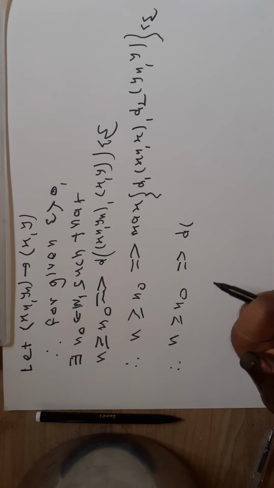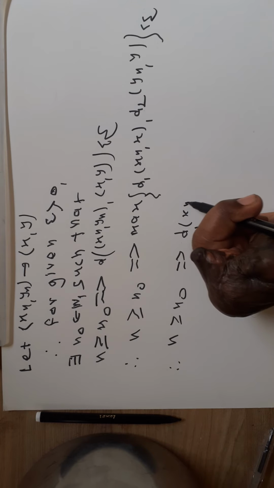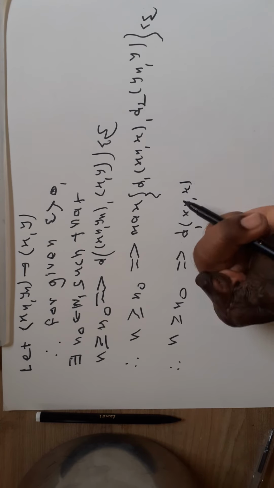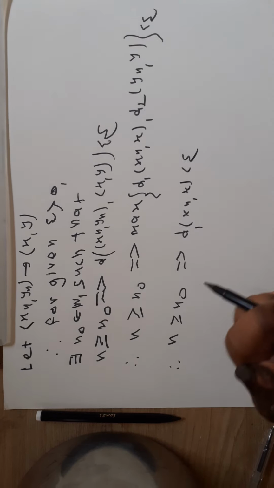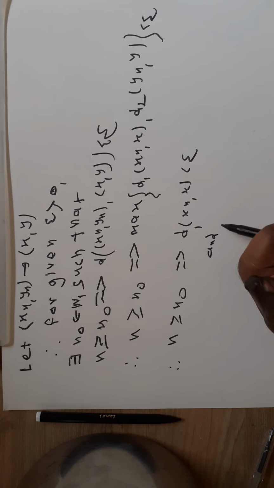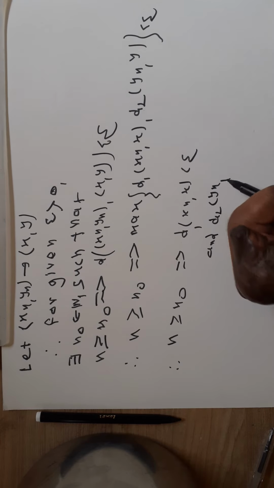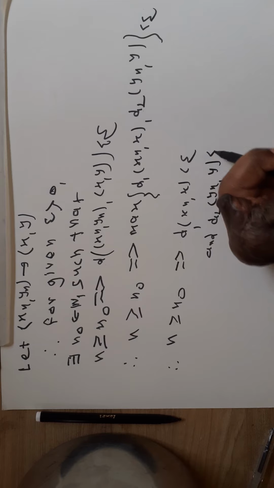Therefore, n greater than n0 implies d1(xn, x) is less than epsilon and d2(yn, y) is less than epsilon.